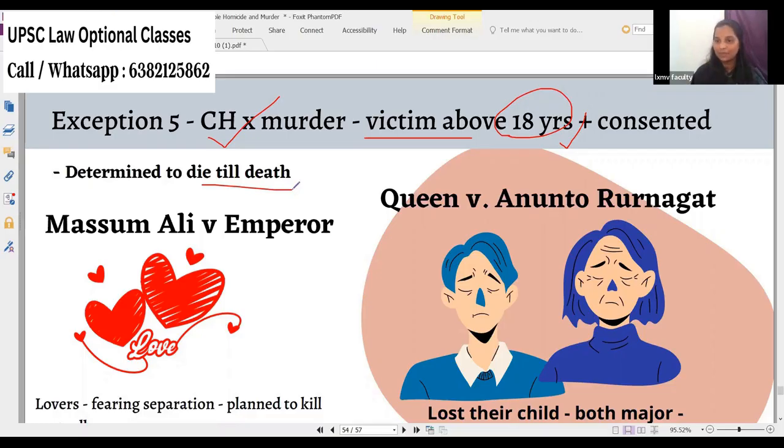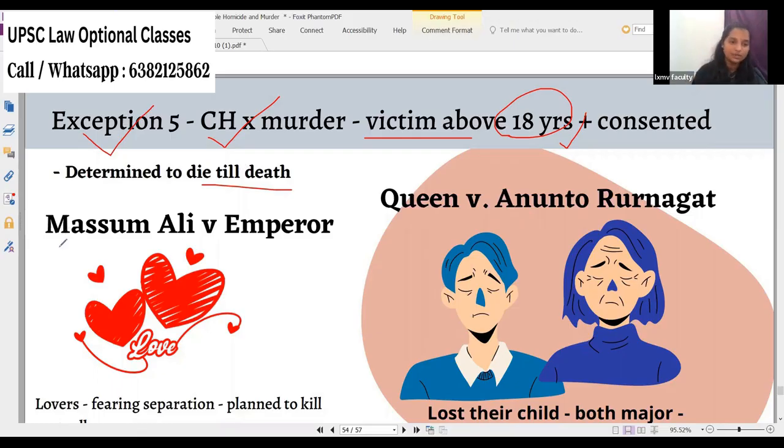She will give the acceptance. And when the actual act, poisoning or something, is done, she may revert and say, don't kill me. Now, this exception will not apply to him. So, if the victim is above 18 years and gives consent to cause her death, then this exception will be applicable. The accused will be charged only for culpable homicide and not murder.